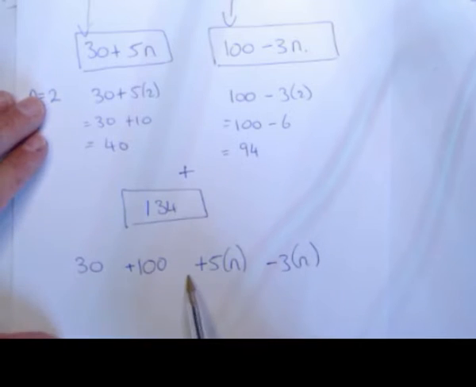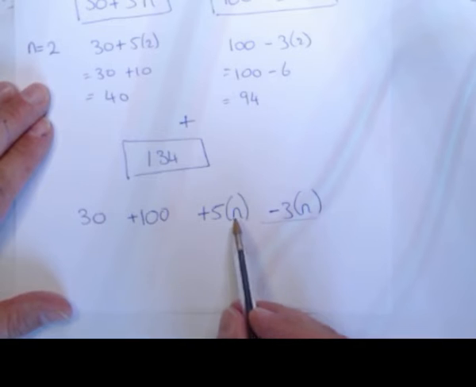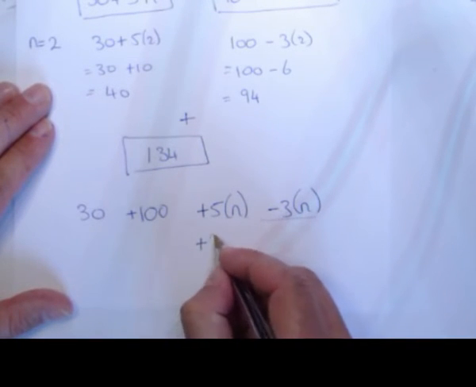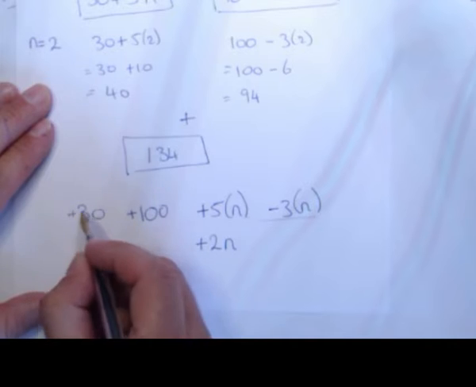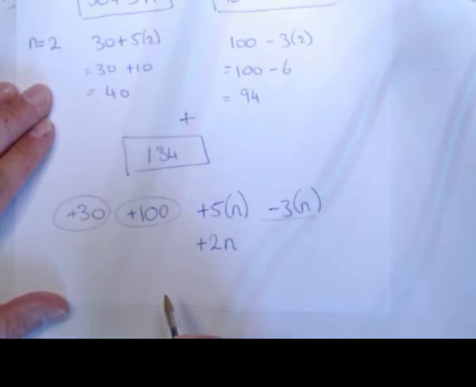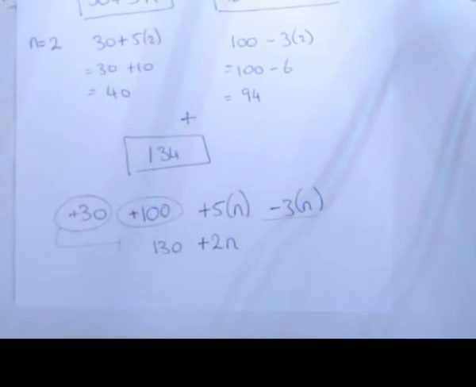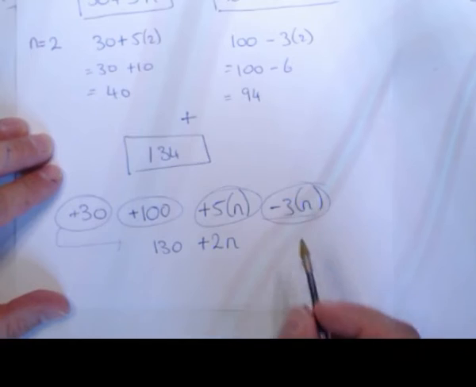But we don't have to say that we add 5n and then take away 3n, because we know that every day we add 5 and take away 3. So we're adding 2 every day for an unknown number of days. And instead of saying we have €30 and €100 to start with, we can add them together and say we have €130.